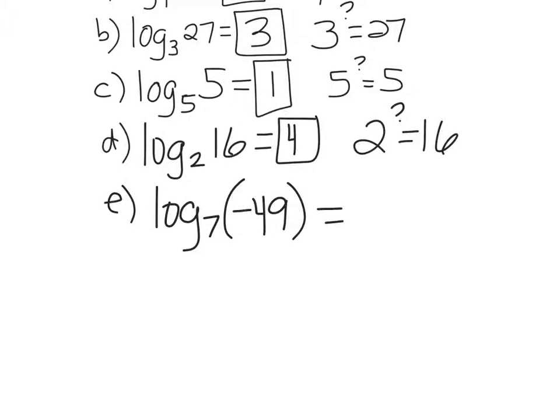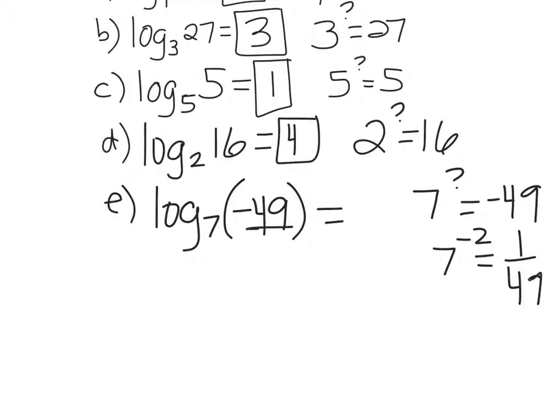Okay. This is a trick question. Go back to what you originally wrote down at the very top of your page. You wrote down a log base b of a what number? Positive number. So now it's not possible. What you're saying here is 7 to what exponent gives me negative 49? Some of you are like, what about negative 2? What is 7 to the negative 2? 1 over 49.